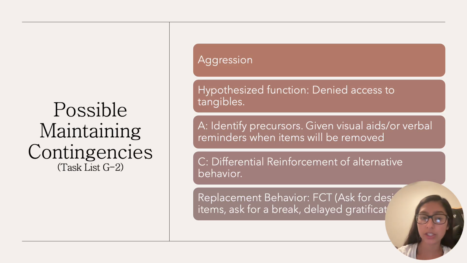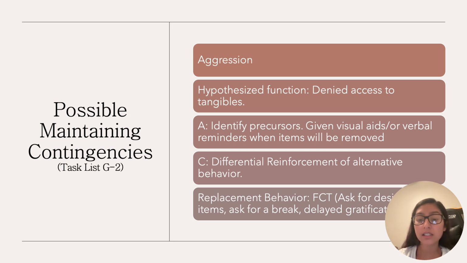Possible maintaining contingencies, integrating the task list G2, design and evaluate differential reinforcement. For example, DRA, DRO, DRL, DRH procedures with or without extinction. So the first possible maintaining contingency for aggression is hypothesized to be denied access to a tangible.